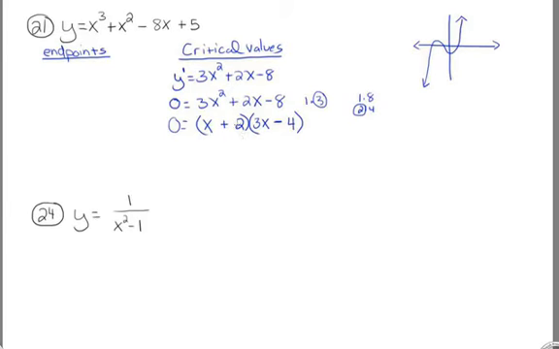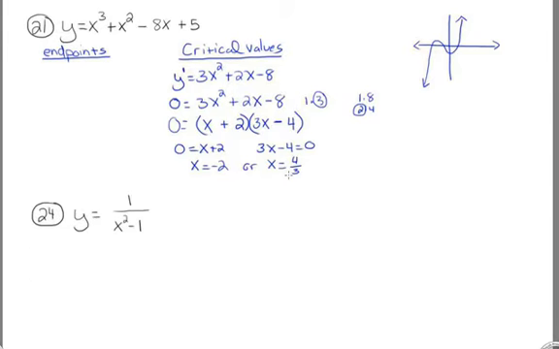So I get negative 8, and I get 6 minus 4 is 2. So I factored so I could set each factor equal to 0. And I get an answer of x equals negative 2 or x equals 4/3.